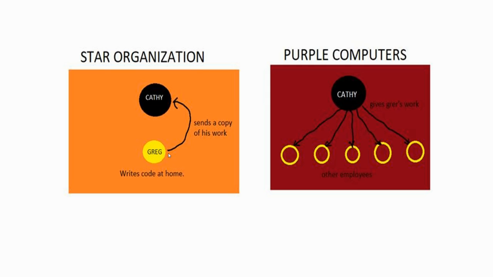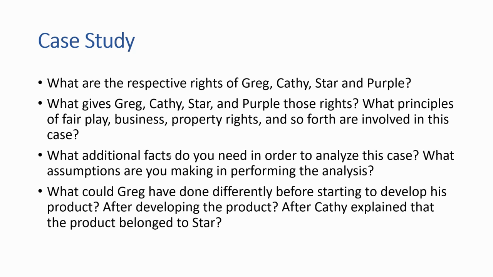Purple Computers comes into the picture through Kathy, but after this situation happened, if Greg did not prove himself or show his work, then Kathy and Purple Computers got the rights to the software programs.